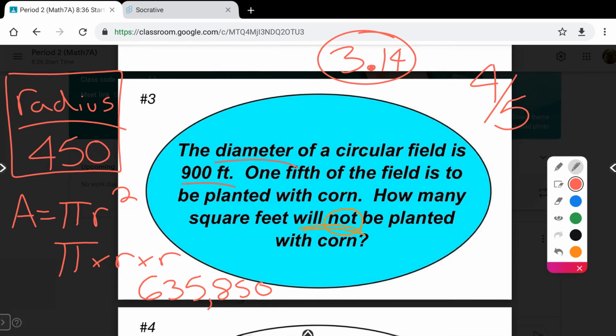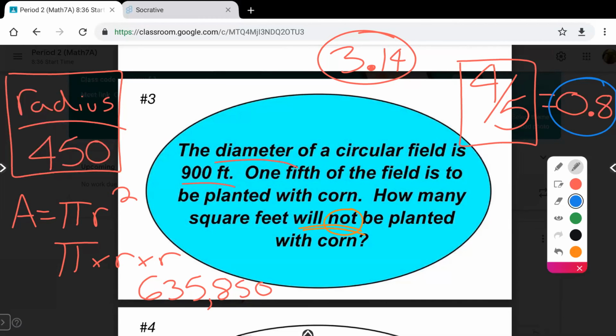Now, 4/5 of the field will not be planted with corn. 4/5 of. Now, remember that word of in math? Of in math means multiply. So what I can do in this problem is simply this. Take your fraction. Anytime you have a fraction, make it into a decimal. Once you make your fraction into the decimal, this is called my multiplier. So now I'll give you one hint what the multiplier does. It's not divide.